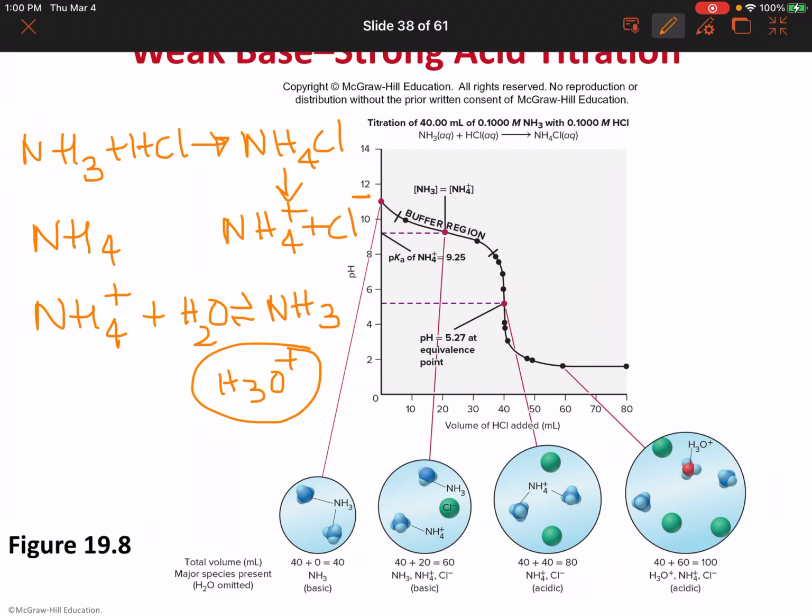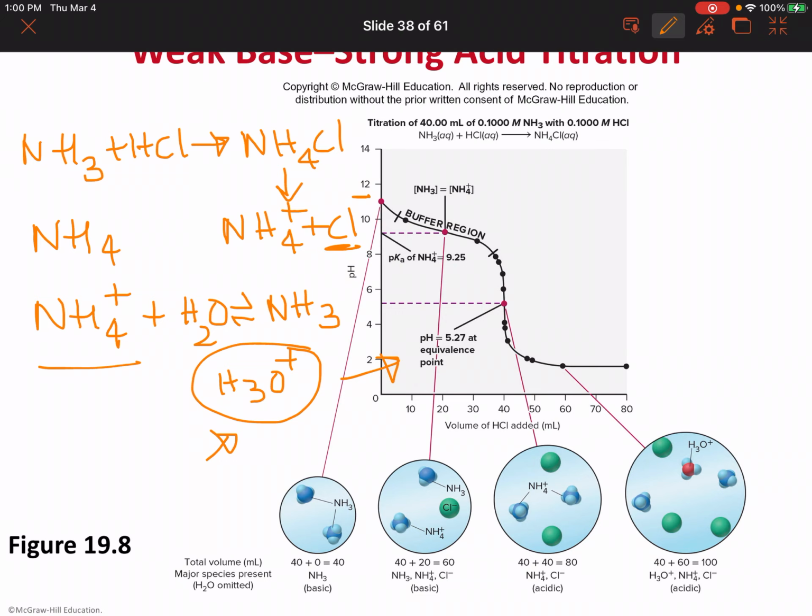So right after the equivalence point, since you are creating ammonium chloride, the ammonium ion reacts with water to give you hydronium ion, making it an acidic medium. Chloride will not react because it's the anion of a strong acid. So that's why the pH would be less than 7, because you are generating hydronium ions.